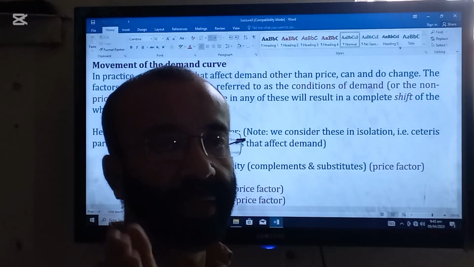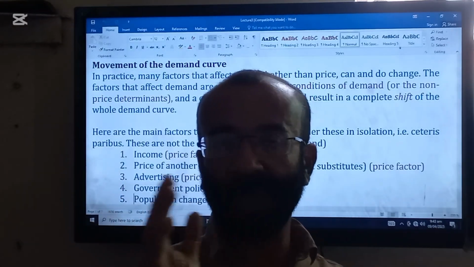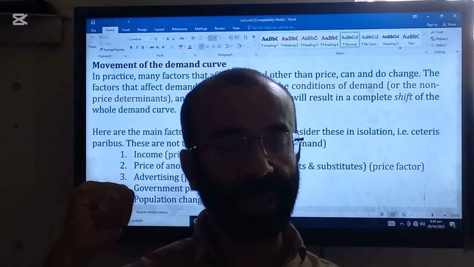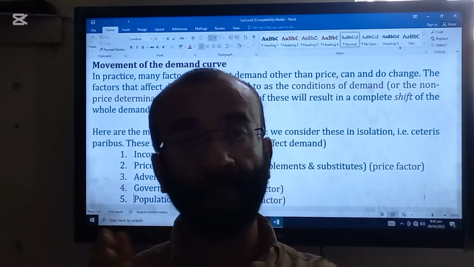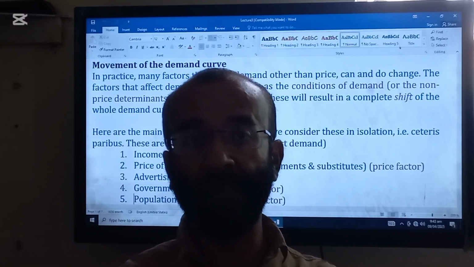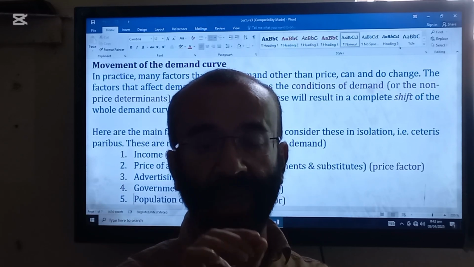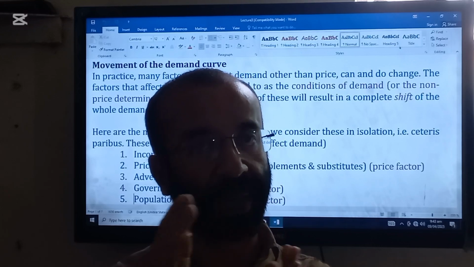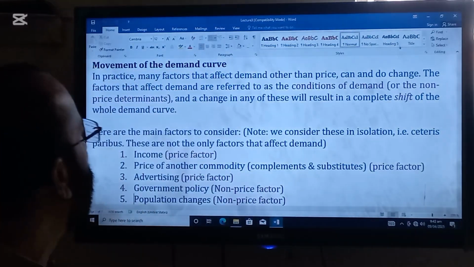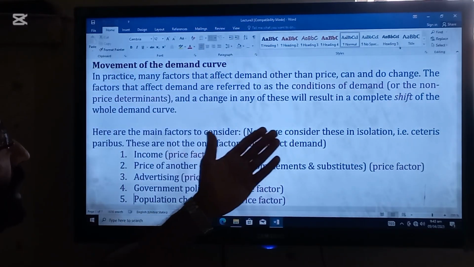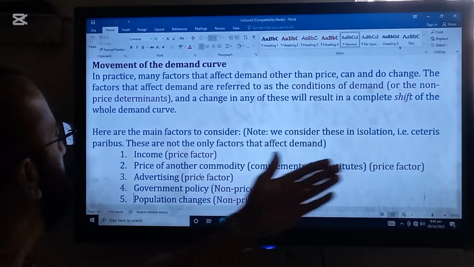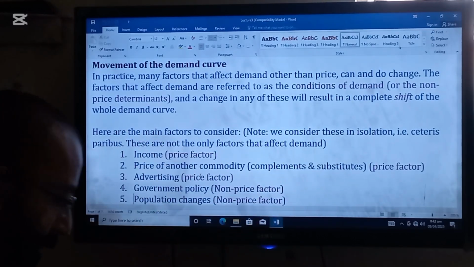So the factors other than price, which we are going to discuss now, are called non-price determinants, and the factors which are related to price are called price determinants. A change in any of these will result in a complete shift of the whole demand curve.